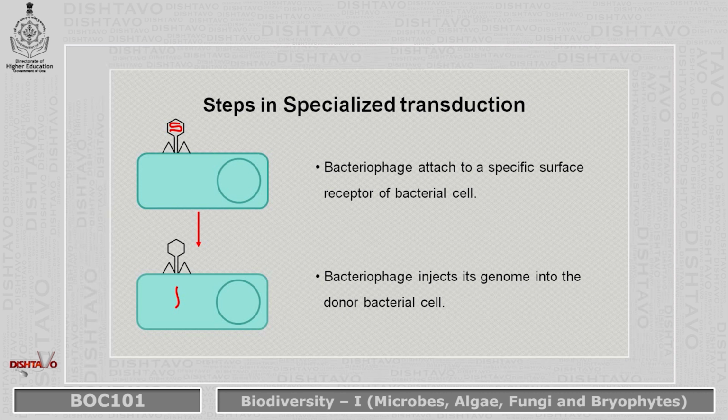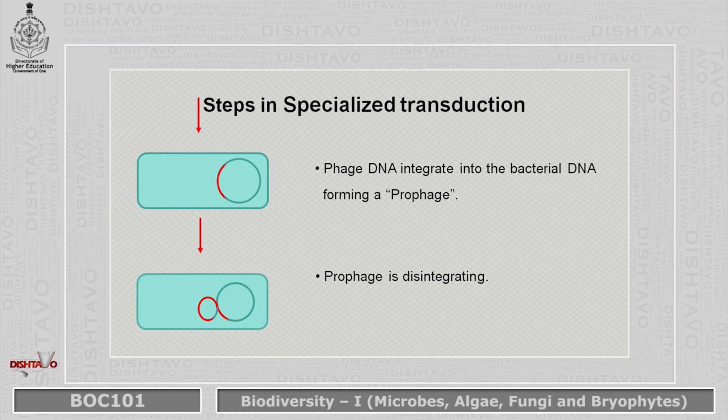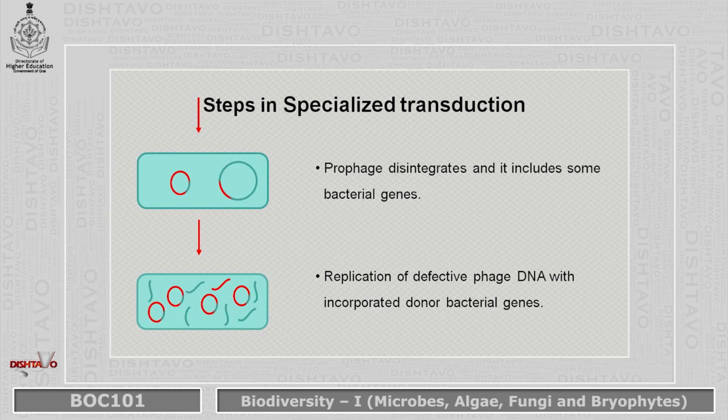And since it is a temperate phage, it directly attaches to the chromosome of the donor bacterial cell. At this stage, when the phage DNA integrates into bacterial DNA, it is called a prophage. After some time, the prophage starts to disintegrate. But while disintegrating, the bacterial genes are taken by the phage DNA, and this phage DNA starts replicating.